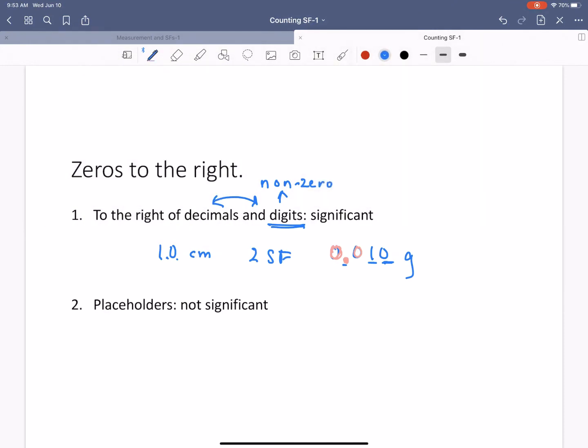So those 2 zeros are just somebody warning you about a decimal coming, and this is a placeholder. Those are not significant. But this one to the right of the digit and decimal, that is significant, 2 sig figs. Placeholders are not significant. So this placeholder is necessary to keep something in its place, but is not a sig fig.